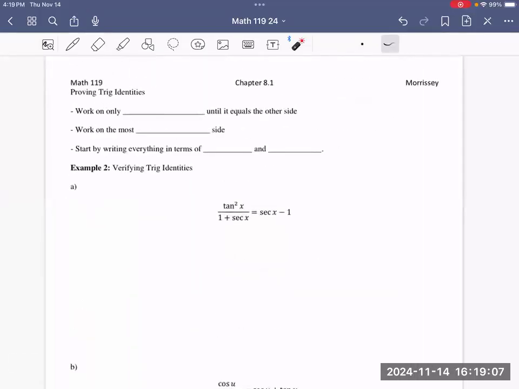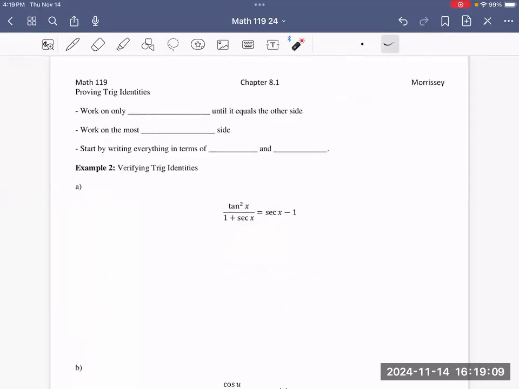So now let's move on to proving trig identities. Typically we want to work on just one side to start. At least for our class, the ones that I'm going to give you aren't nearly as complicated. If they are super complex, then you can simultaneously work on both sides.